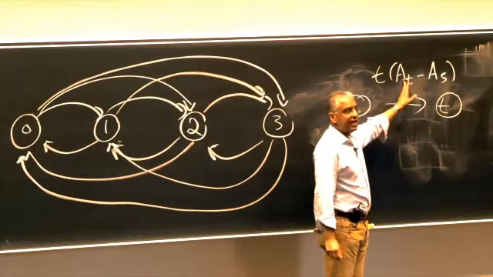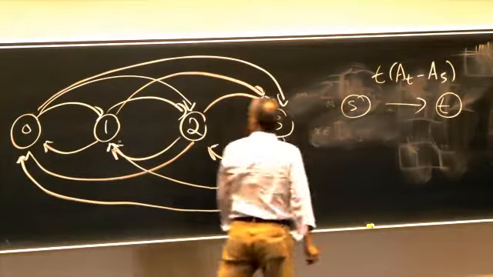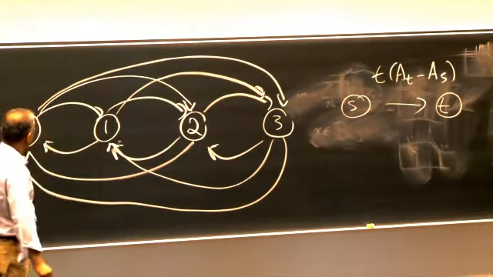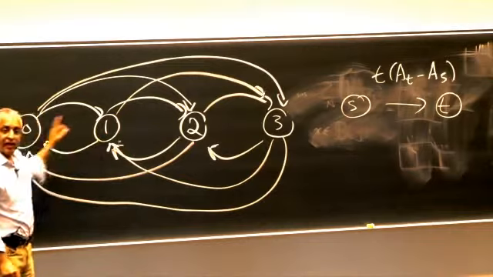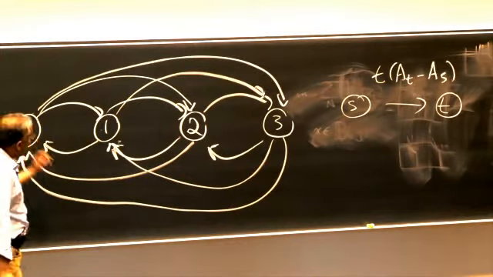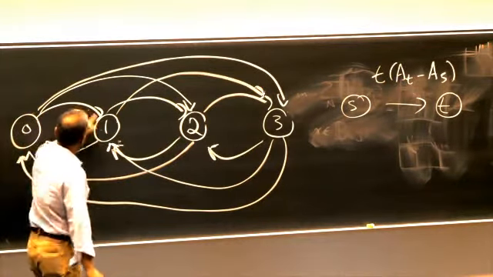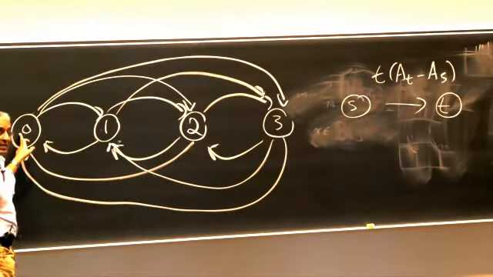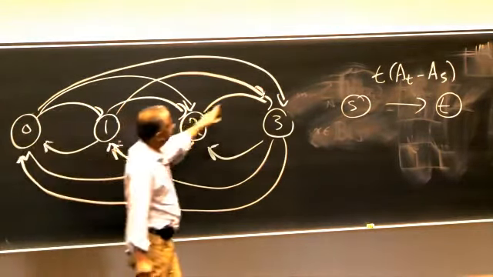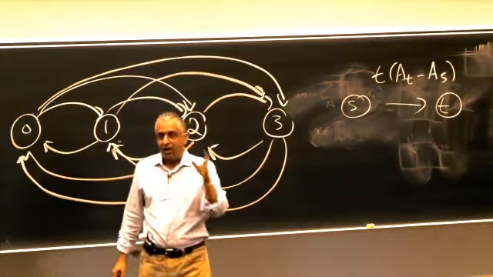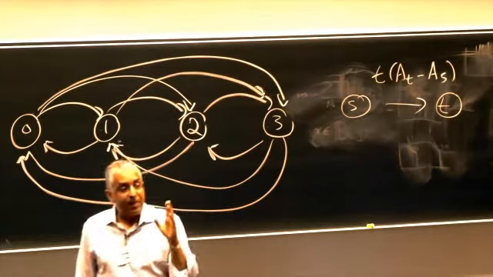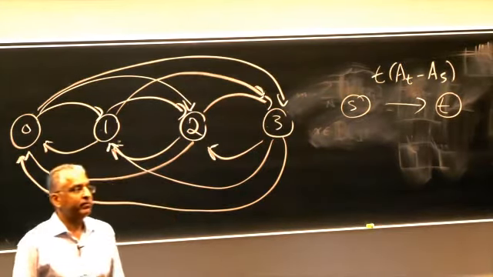As long as these things are monotone, the length of the shortest path from the dummy type to type 1 is this. The length of the shortest path from the dummy type to type 2 is this. The length of the shortest path from the dummy type to type 3 is this. In other words, as long as the calligraphic A's are monotone, the shortest path remains the same.